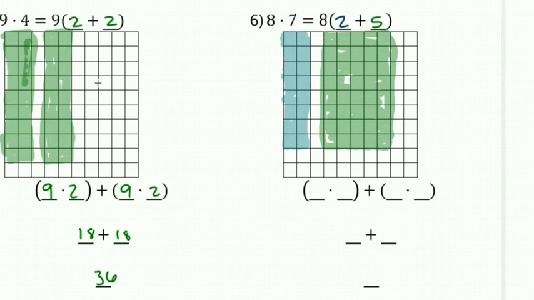Okay, so this would be 8 times 2, and then we'd have 8 times 5 because it's still 8 down and then 5 across. So 8 times 2 is 16, 8 times 5 is 40, and 16 plus 40 would give me 56.